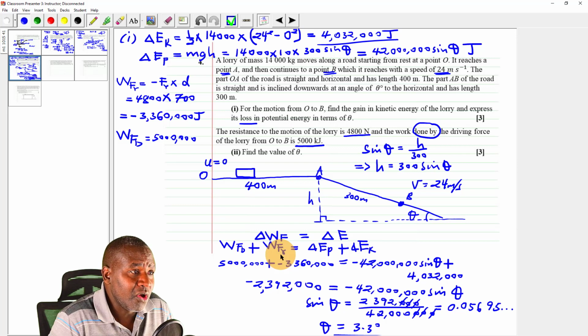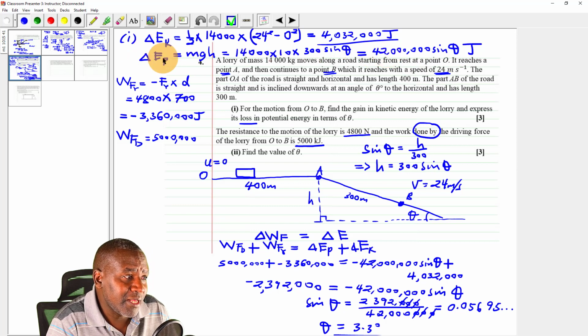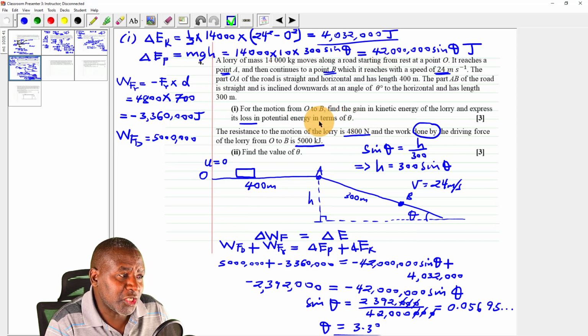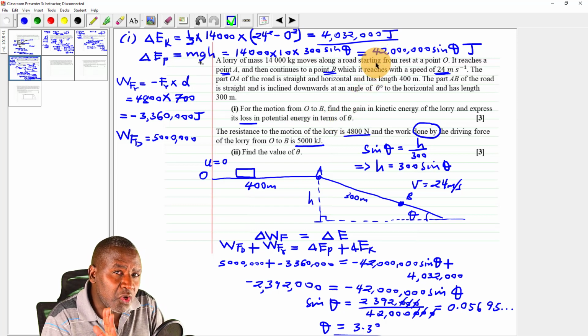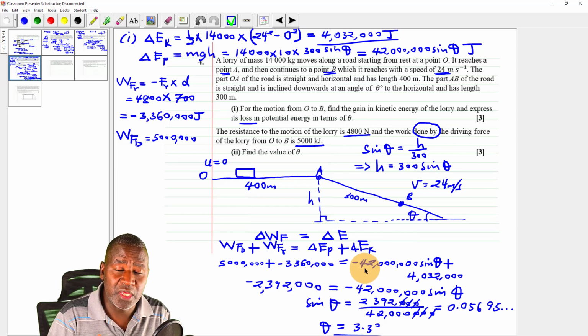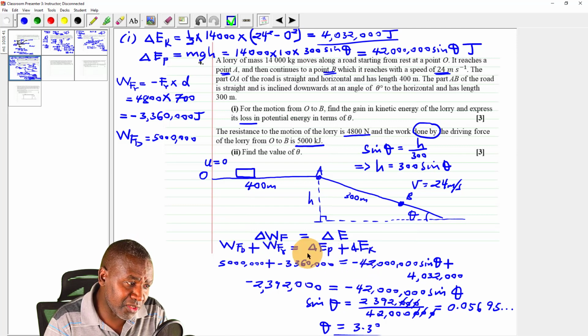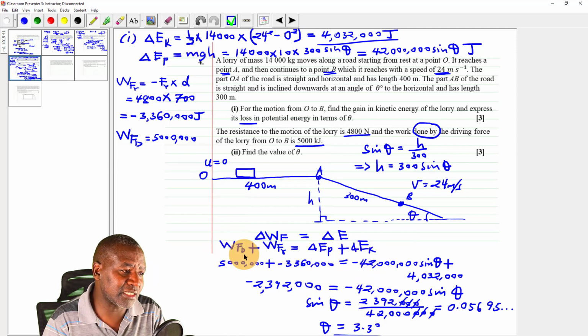For example, over here, I never wrote down a negative sign because the examiner wants me to write the loss in gravitational potential energy in terms of theta. So it's only me who knows that when it comes to substituting it in here, I must call that loss, I must call it a gain by introducing a negative sign, because I want everything to fit into my expression.